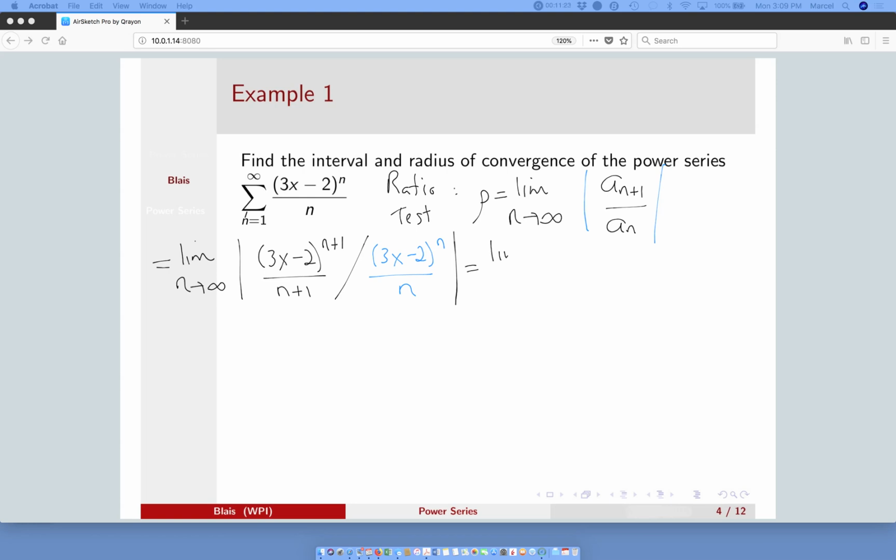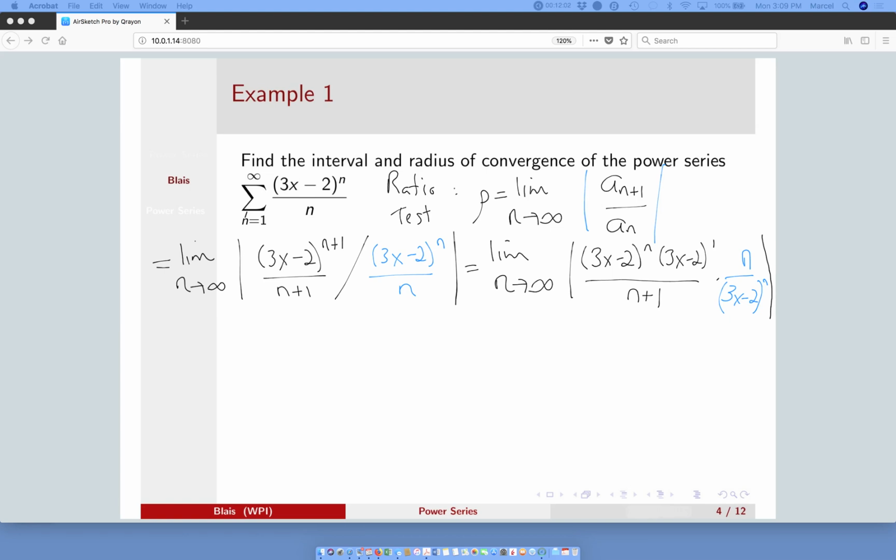So limit as n goes to infinity, absolute value. We should pop off a 3x minus 2 term here. So we have (3x minus 2) to the n times (3x minus 2), times 1 over n plus 1. And then dividing by (3x minus 2) to the n over n is the same as multiplying by its reciprocal, so n over (3x minus 2) to the n.